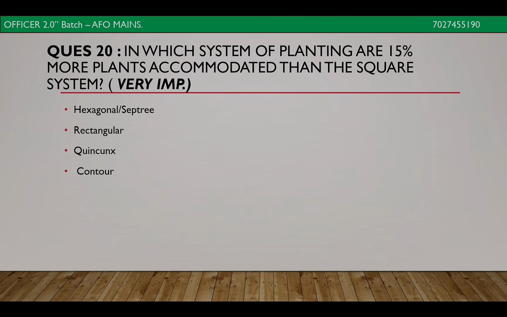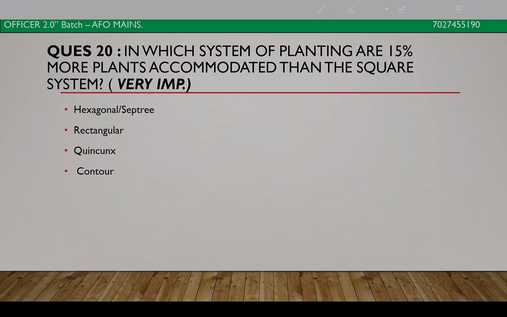And the next question is, in which system of planting are required 15% more plants as compared to the square? This question generally is saying that in which system we can get 15% more plants than square system. Okay.